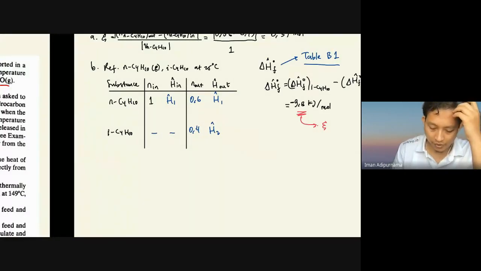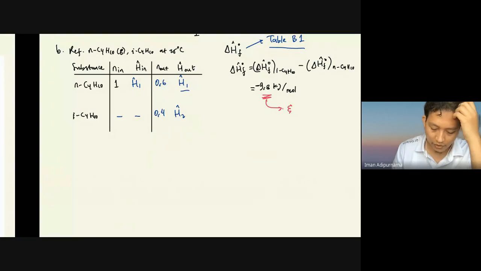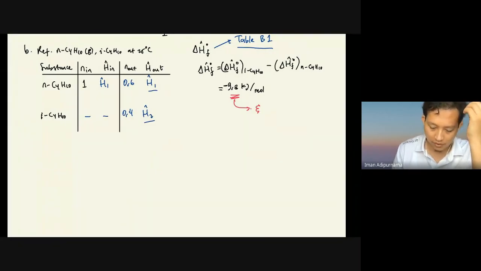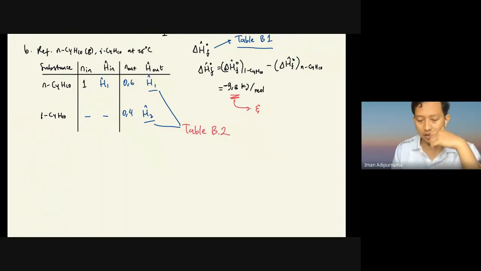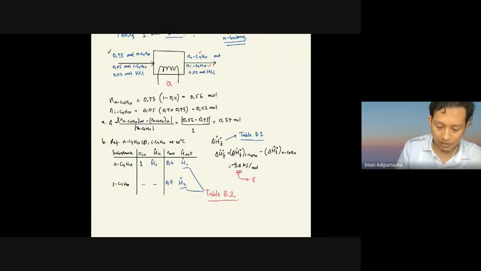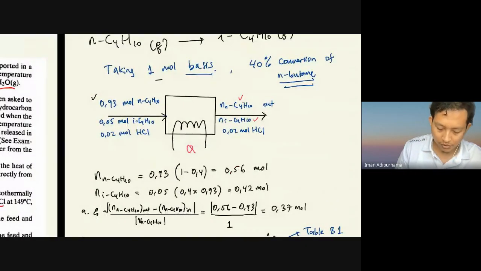So from here, the H1 and H2 are related to table B2, because both of them are isothermal. So the temperature, let me write isothermal, at T is 149.